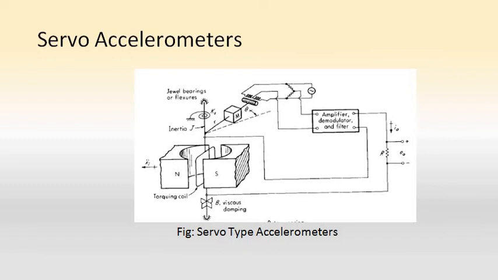These servo accelerometers are mainly used in motion measurements and low frequency vibration measurements, and also wherever acceleration control systems are employed, and where a more accurate value needs to be measured.